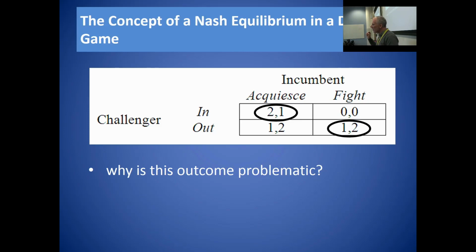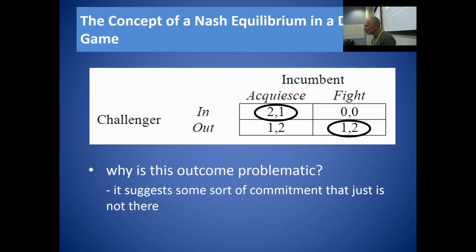What you need to do is think, why is it problematic? Think about what a Nash equilibrium entails. It means no player has an incentive to do anything different. And were you to ask the challenger, if you knew the incumbent was going to fight, would you want to stay out?